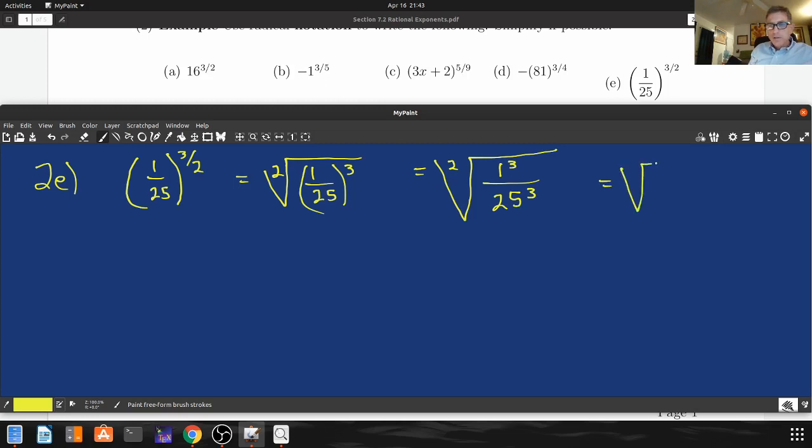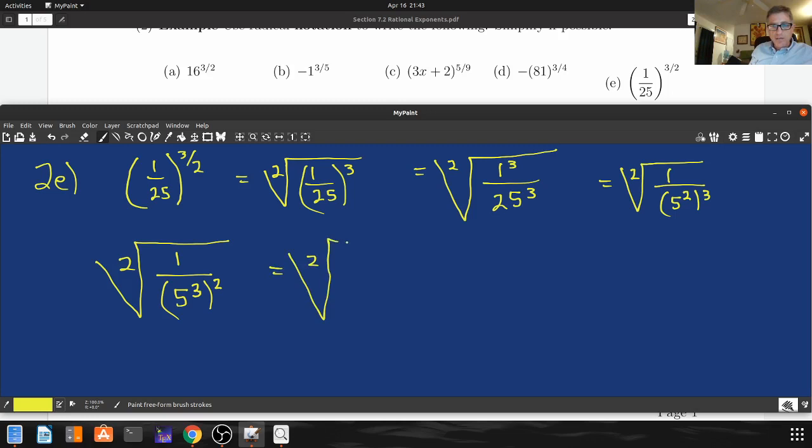But 1 cubed is just 1. 1 times 1 times 1. And 25 is 5 squared. So 25 cubed is 5 squared cubed. So coming back over here, that's equal to the square root of 1. And I'm going to play that little trick, and I'm going to exchange the positions here of my exponents. 5 cubed squared, which is equal to the square root.